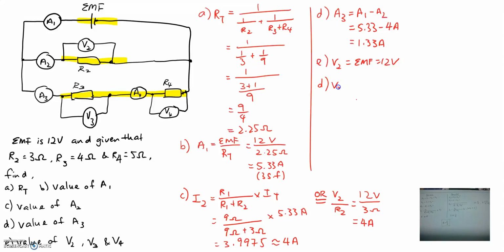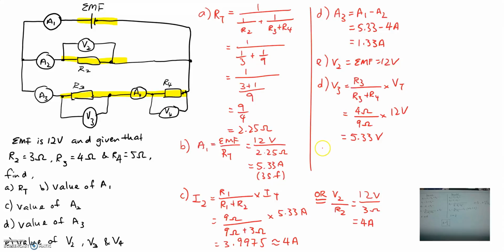So V3 equals R3 over R3 plus R4 times V total. So that will give us 4 ohms over 9 ohms times V total of 12 volts, and that will give us approximately 5.33 volts.